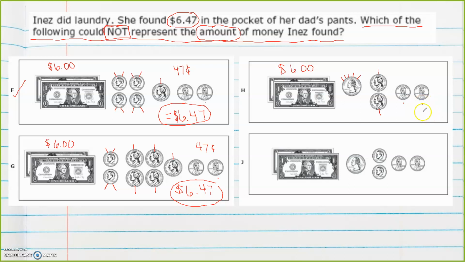Let's count our coins. 5, 10, 15, 20, 25, 30, 35, 36, 37. So right here, I have 37 cents. So altogether, I have $6.37.